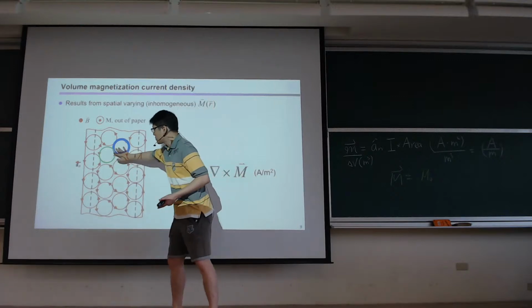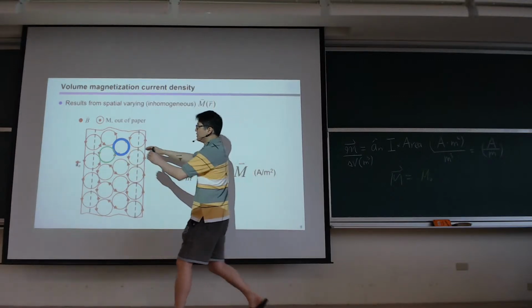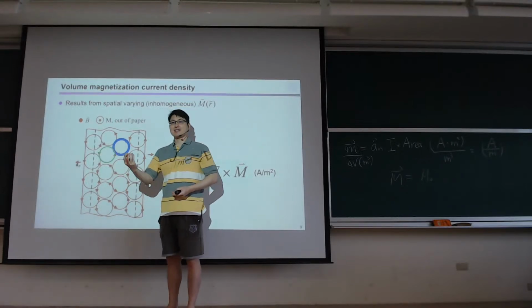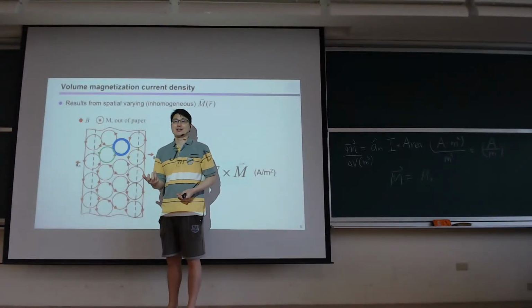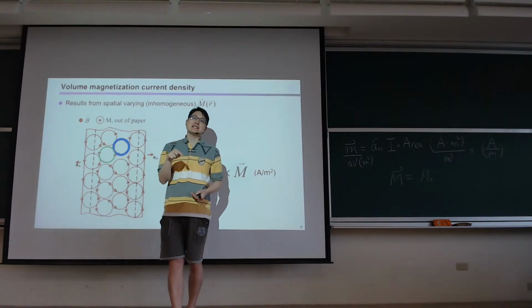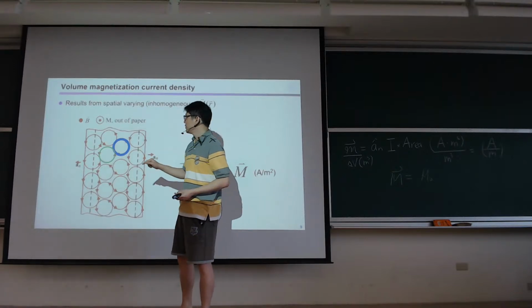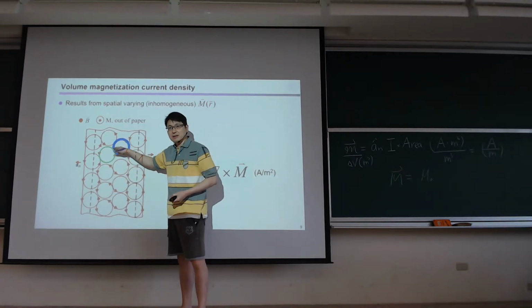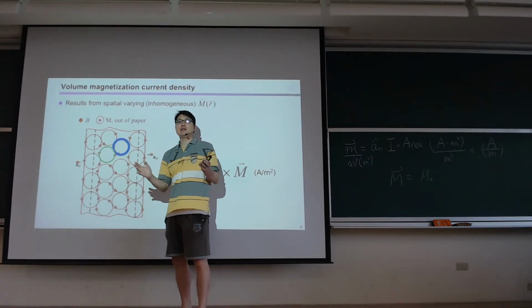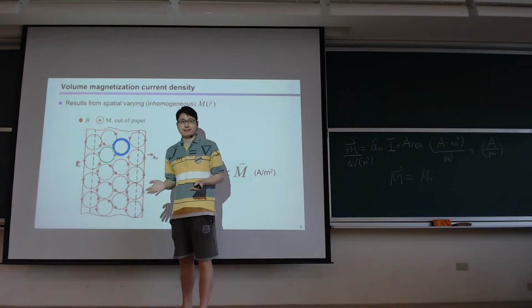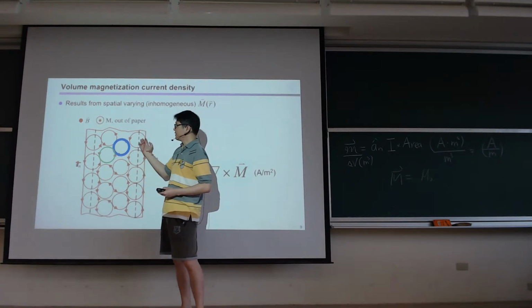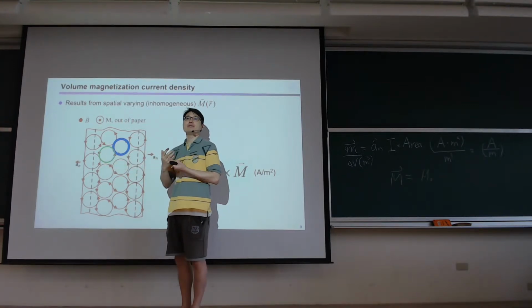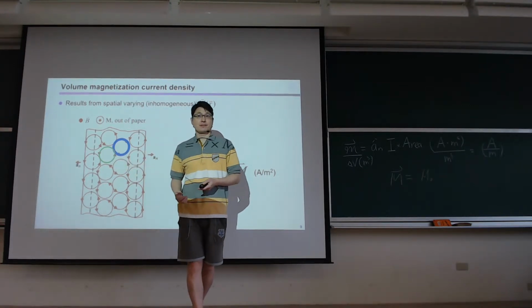Now, in this case, you expect this entire value to show up as a current source. And that relies on the fact that you have inhomogeneity, spatially non-uniform. Then you can have a bulk material giving you non-zero current. Okay?